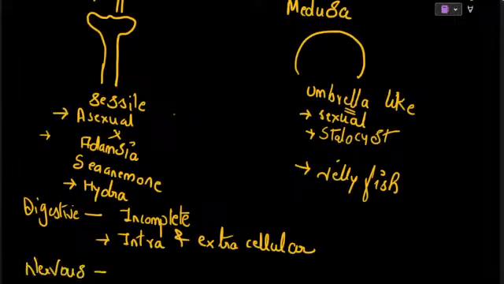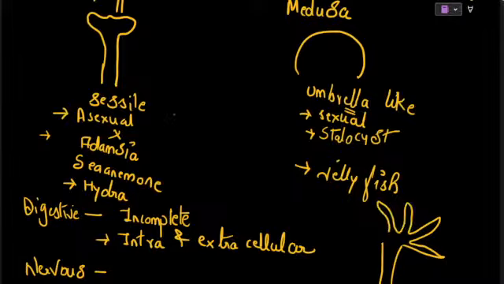They have nerve ring and nerve net. Do they have nerve cord, or nerve net in case of hydra? Hope you remember the typical structure of hydra. They have tentacles. So if they want to move these tentacles, they require some structure.